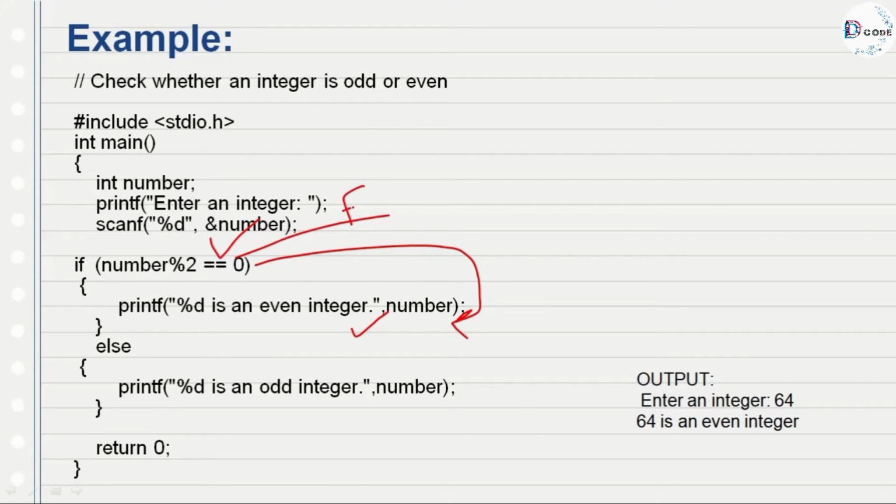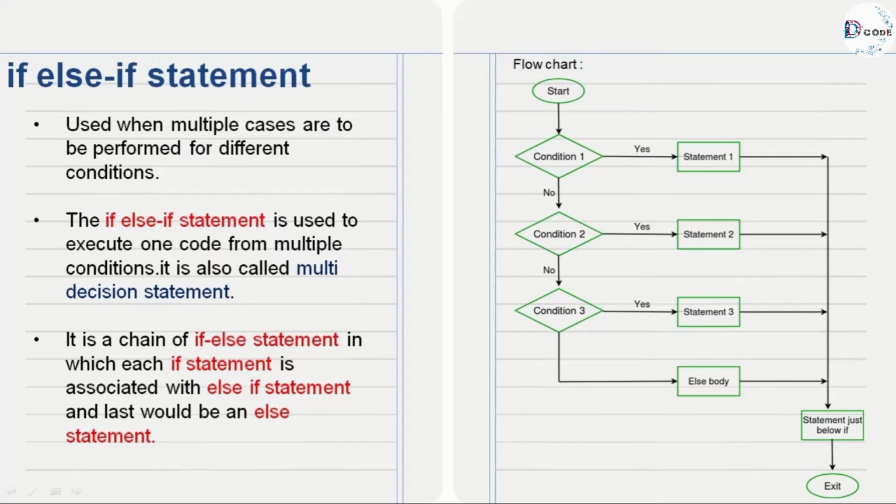If this condition is false, then the else block statement is executed. So if I give an input to the computer as 64, it gives an output statement: 64 is an even integer.